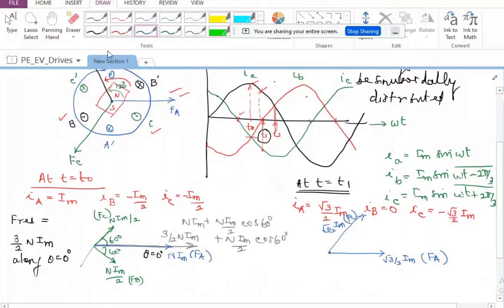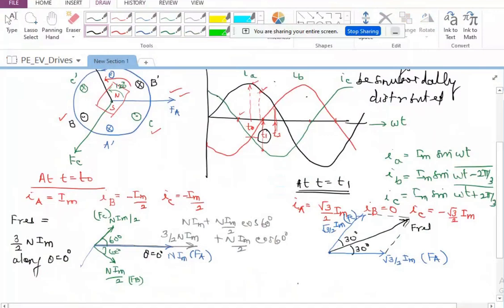Now, if I add these two as per the parallelogram law of addition, I am going to get something like this as my resultant. The resultant is going to be along this axis. So this will be 30 degrees and this will also be 30 degrees.